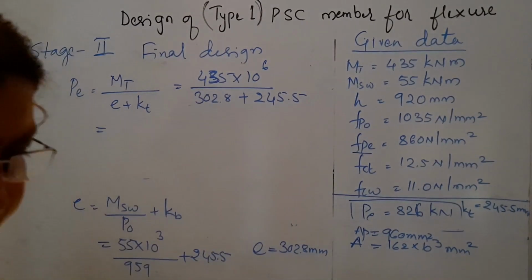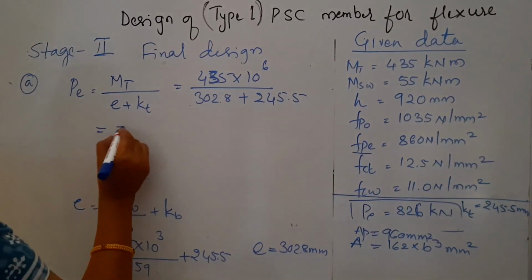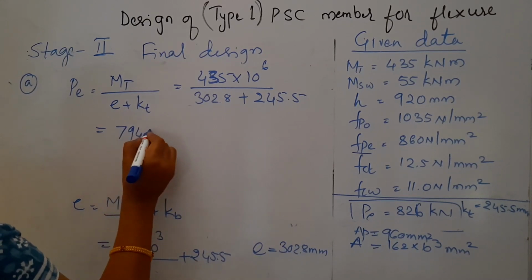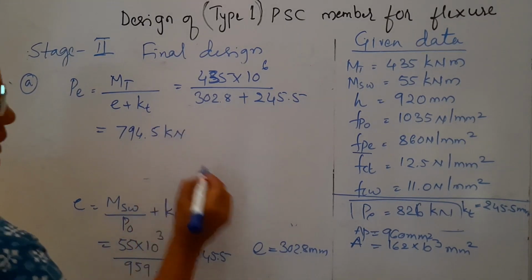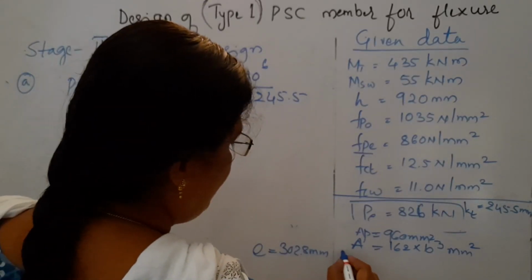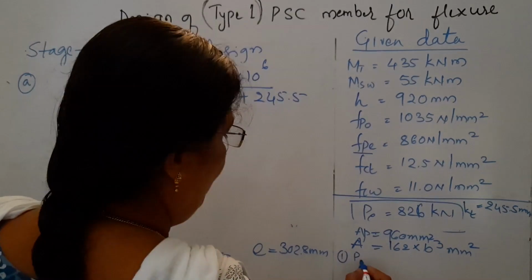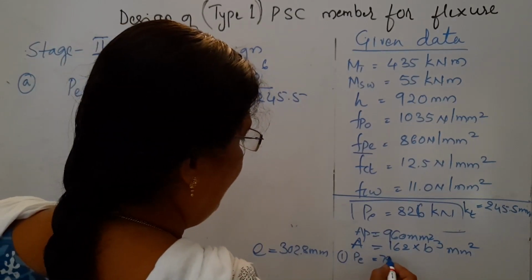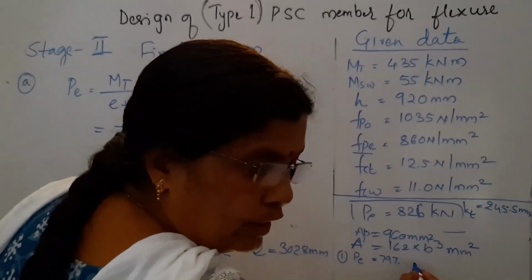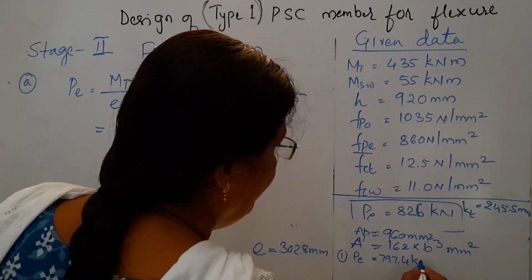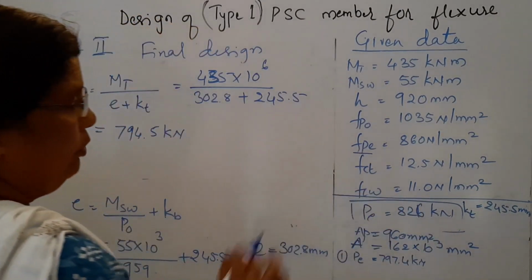That comes to be 794.5 kilonewton. Previously, the first PE was 797.4 kilonewton, which was not equal to this.